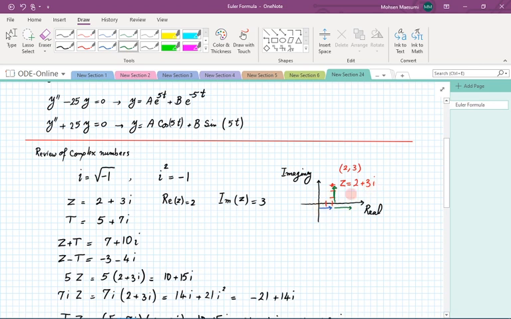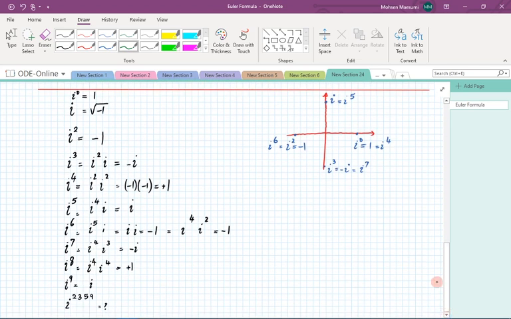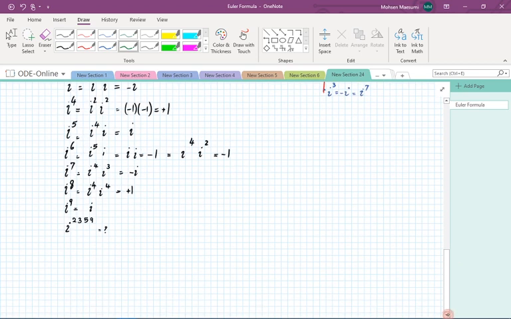So 2 plus 3i is 2 to the right, and 3i up. So that's one way of thinking about how the complex numbers show themselves on the plane. What is happening here is the same thing as in this clock. You can use that to figure out what this is going to be.